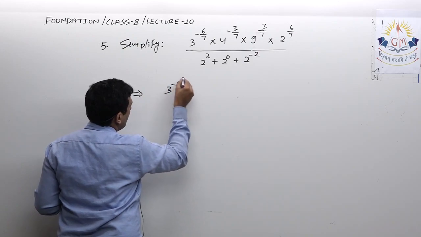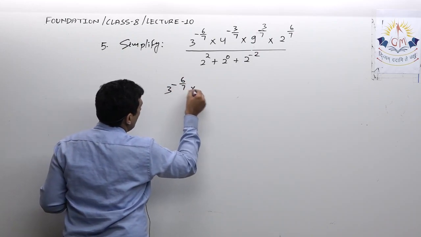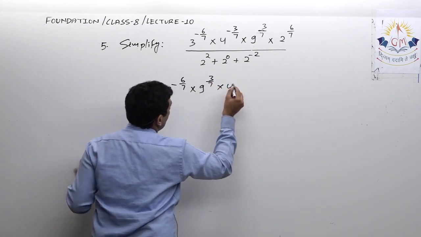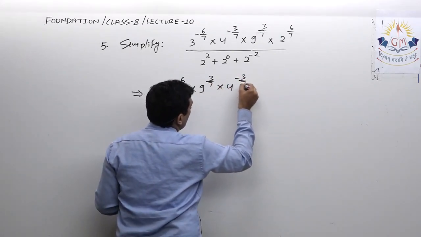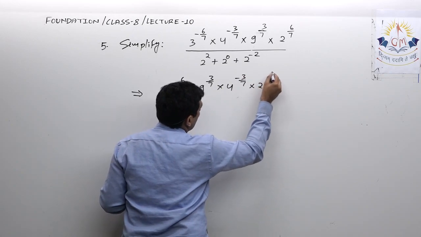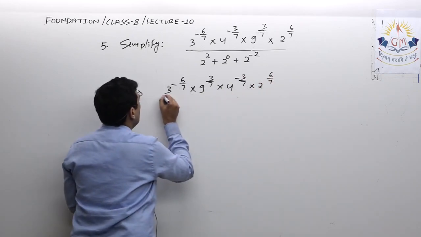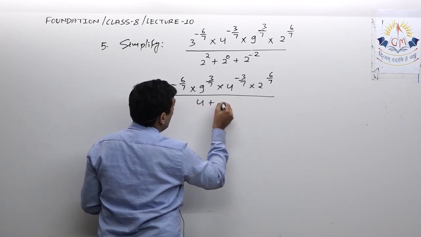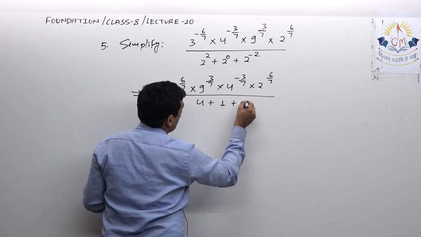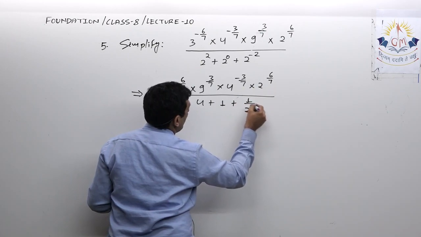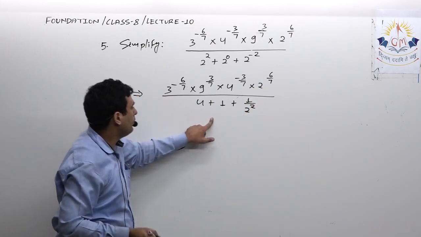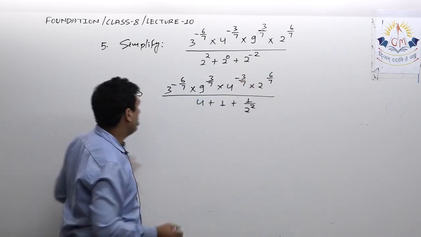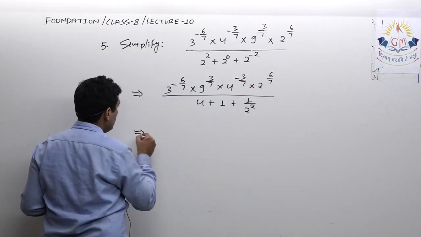First I will write 3 raised to minus 6 by 7 into 9 raised to 3 by 7 into 4 raised to minus 3 by 7 into 2 raised to 6 by 7, divided by 4 plus 1 plus 1 upon 2 square. 2 raised to 0 is 1, 2 square is 4, and this I converted into positive power, so 1 upon 2 square.